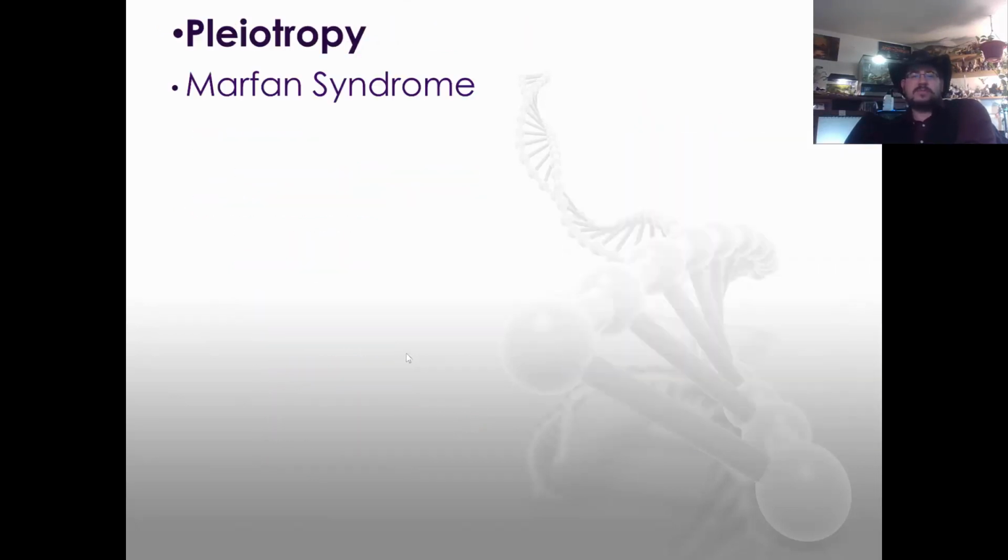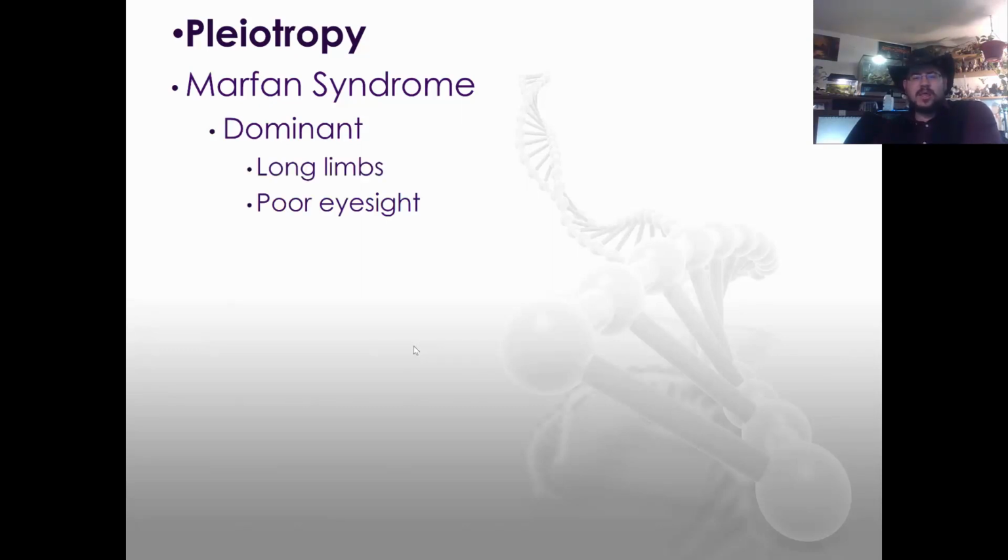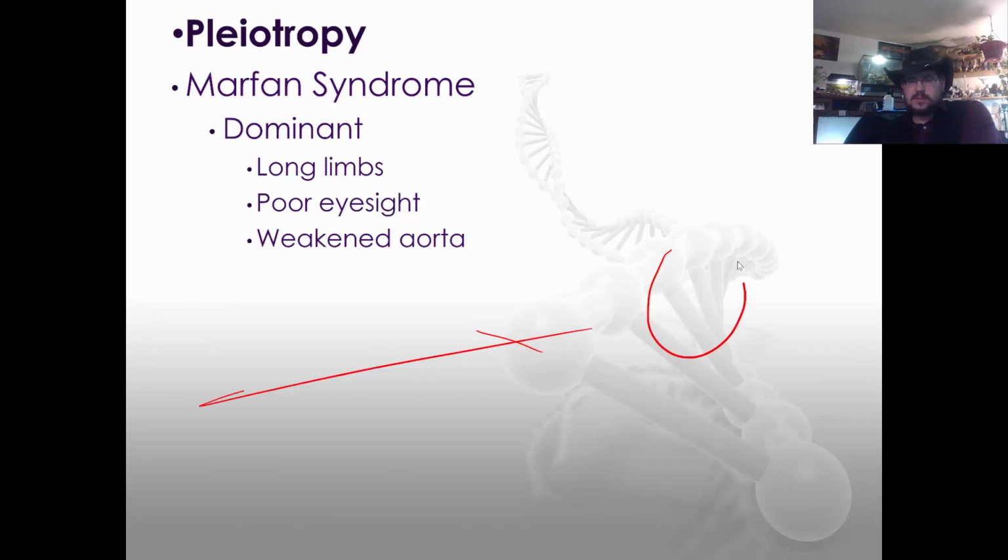Marfan syndrome is a human-based example of pleiotropy. So Marfan syndrome is based on a dominant gene. And if you have the dominant Marfan gene, you have long limbs, poor eyesight, a weakened aorta, right?